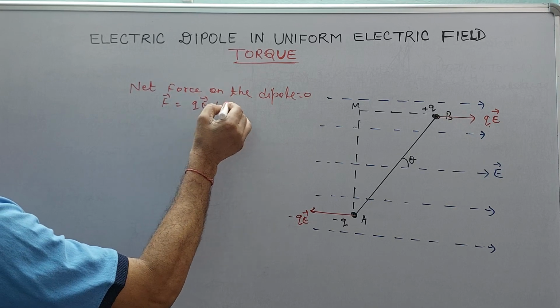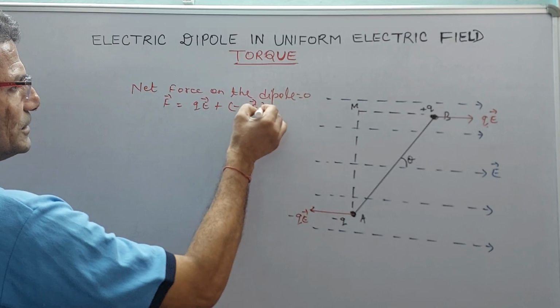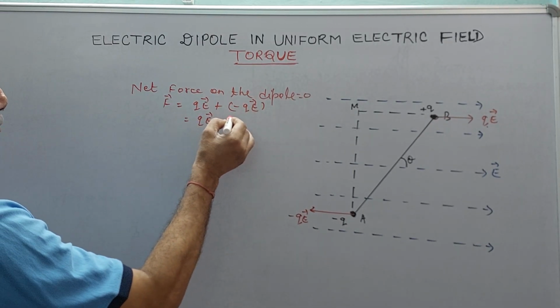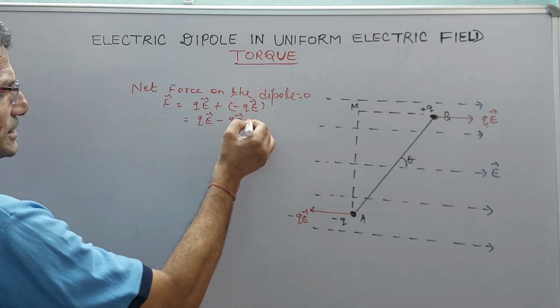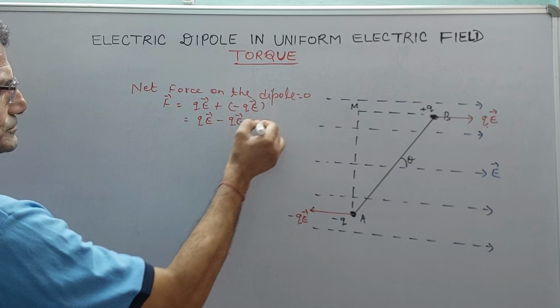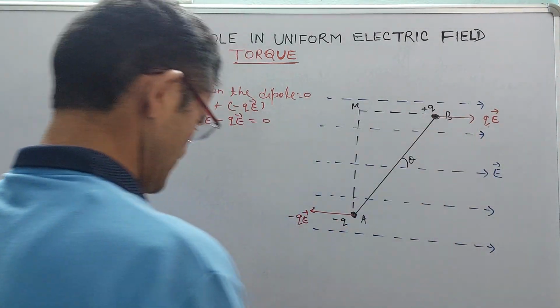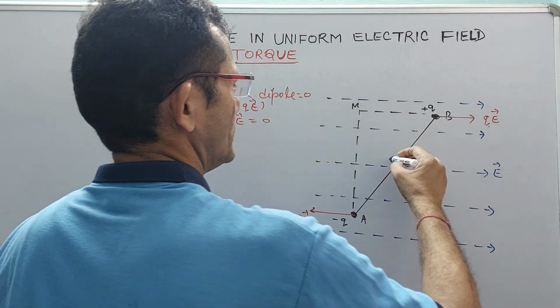Plus qE minus qE, so this becomes qE minus qE. It comes out to 0. Now this is the dipole axis, from minus q to plus q.